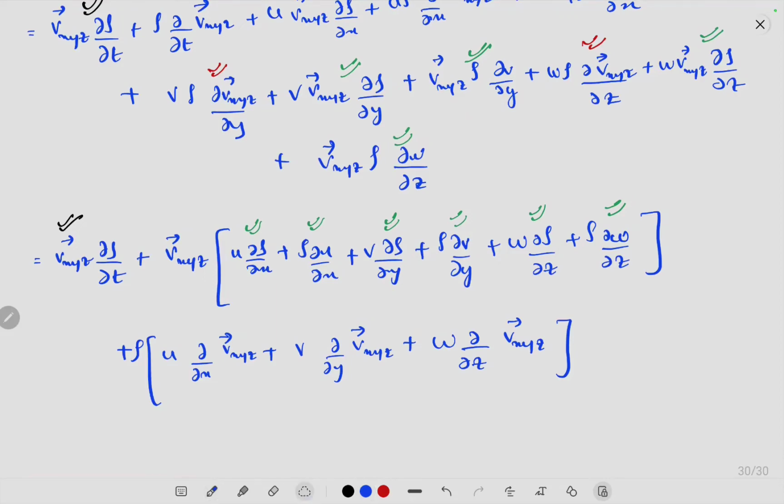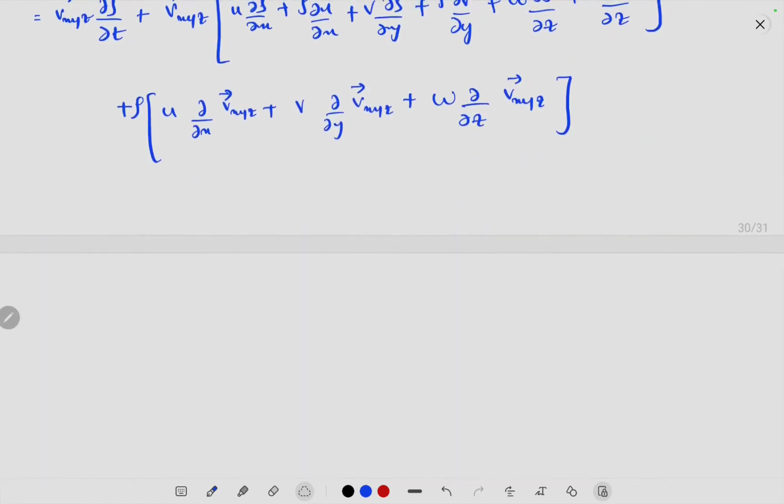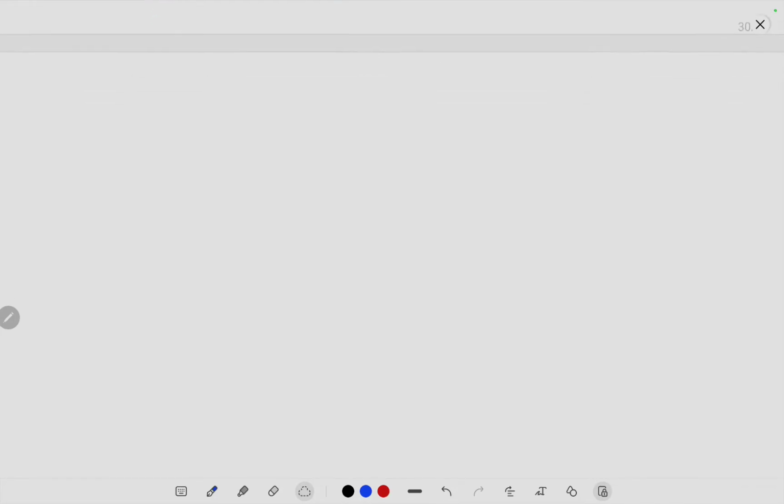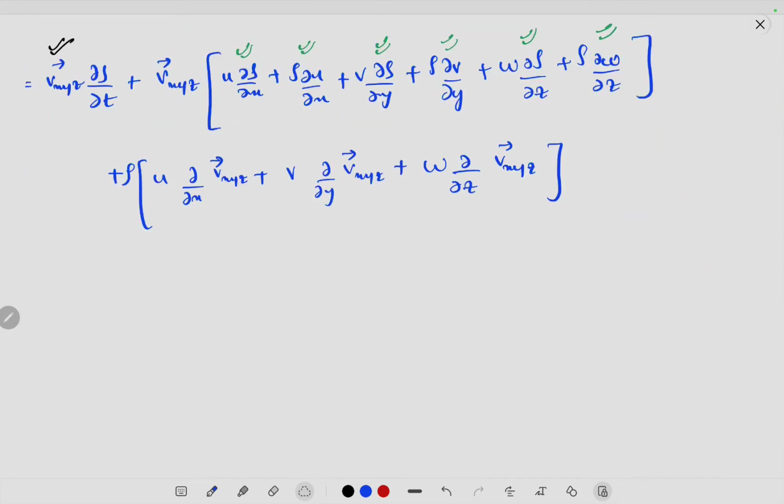Now let's first copy paste this term again for the next line, and do the simplifications in this equation itself. Now this is v xyz del rho by del t and this is v xyz times these terms. Can you see a compact form of u del rho by del x plus rho del u by del x?